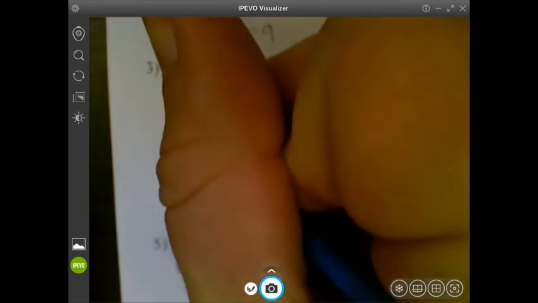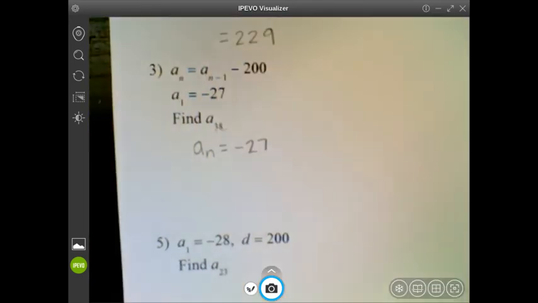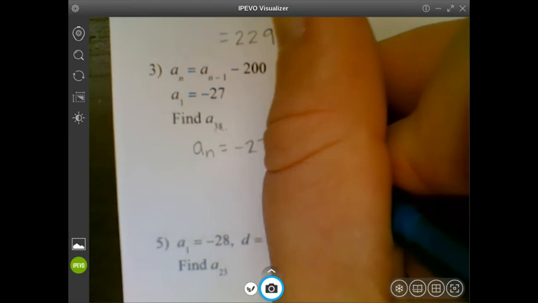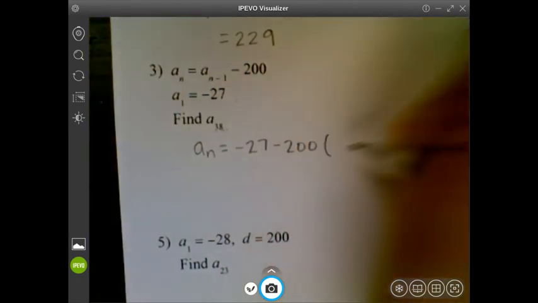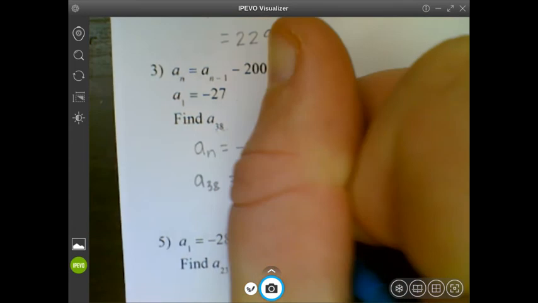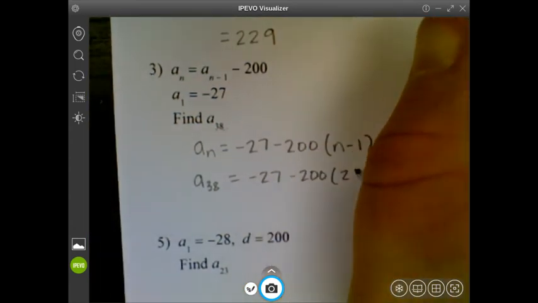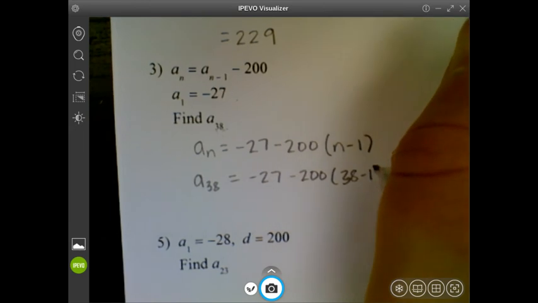Option number 2 is go ahead and write yourself an explicit equation. The first term is negative 27. What's happening every time? We're subtracting 200 times n minus 1. So the 38th term would be a sub 38 equals negative 27 minus 200 times 38 minus 1.